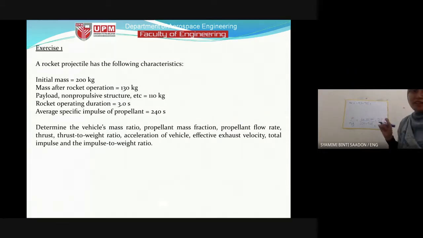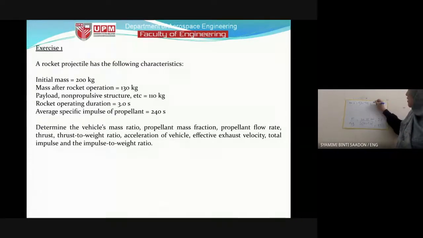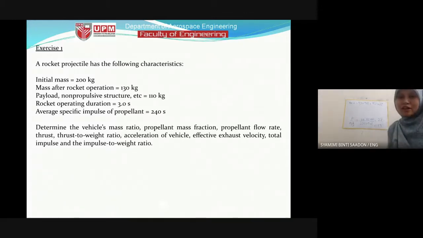So you have the maximum acceleration. This is no unit because this is a ratio, and this is meter per second square. So you have around 41 meter per second square. Actually this value is not very important.